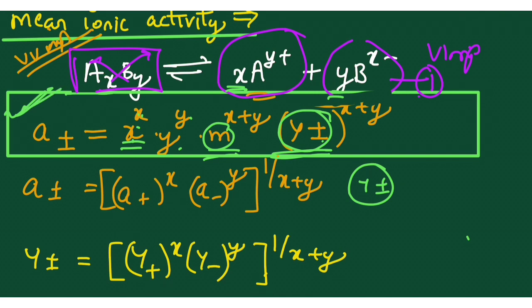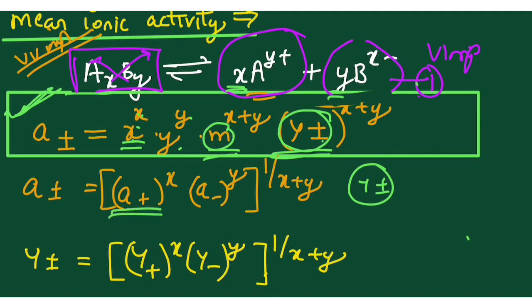Now suppose you are not provided with x and y and so on. You are not provided with molality or gamma plus minus, but you are provided with the activities of separate cations and separate anions. The first step is to write the equation in the dissociated form, as I told in equation number 1.